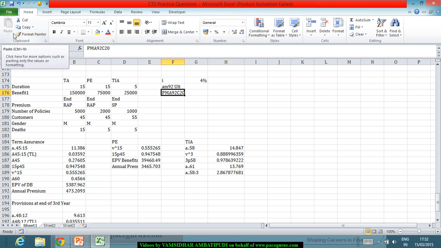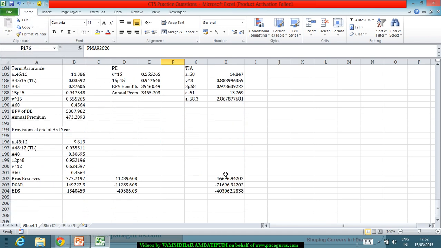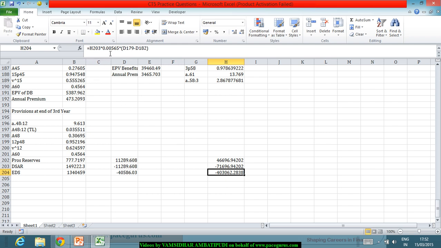So the QX for a 57-year-old person, I will take it as 0.003759.